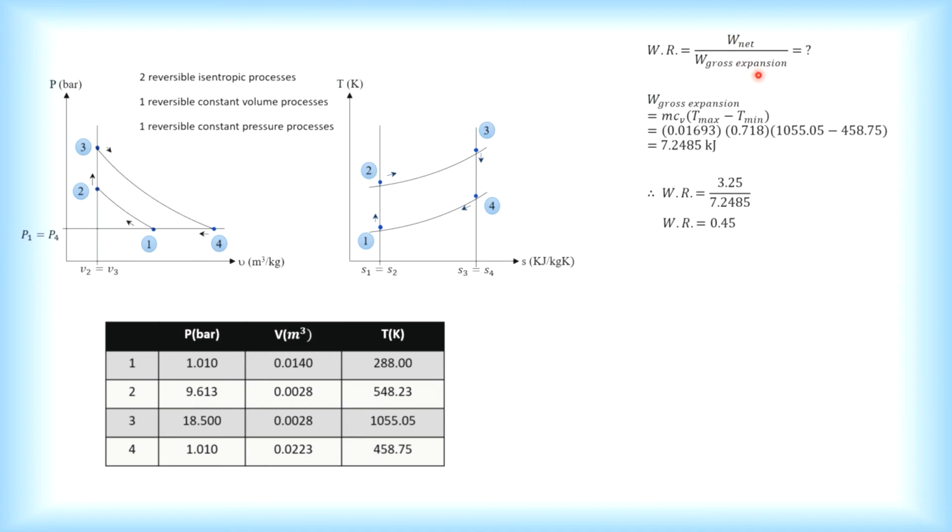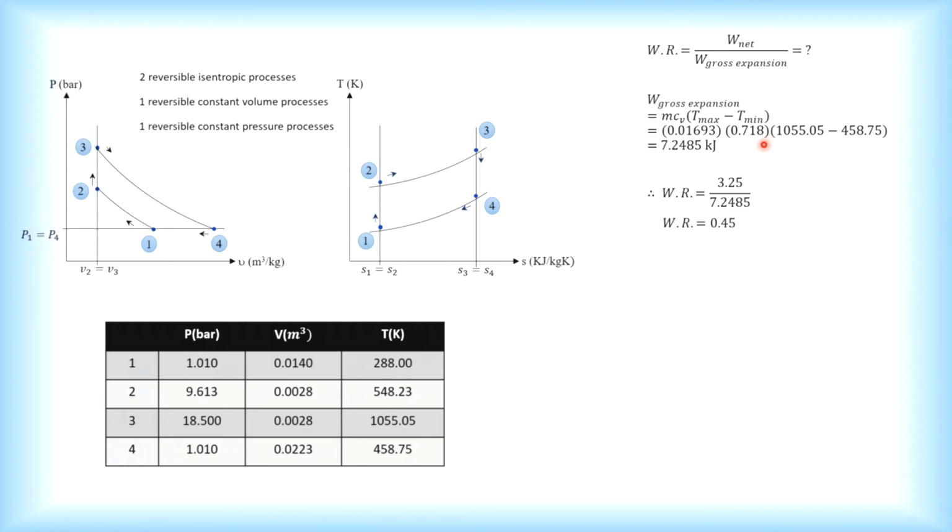Gross work of expansion. Where is the expansion work? The expansion work only occurs here, 3 to 4, which is an isentropic process. For the work, you can consider Cv. Cv is correct, but is it 0.718?